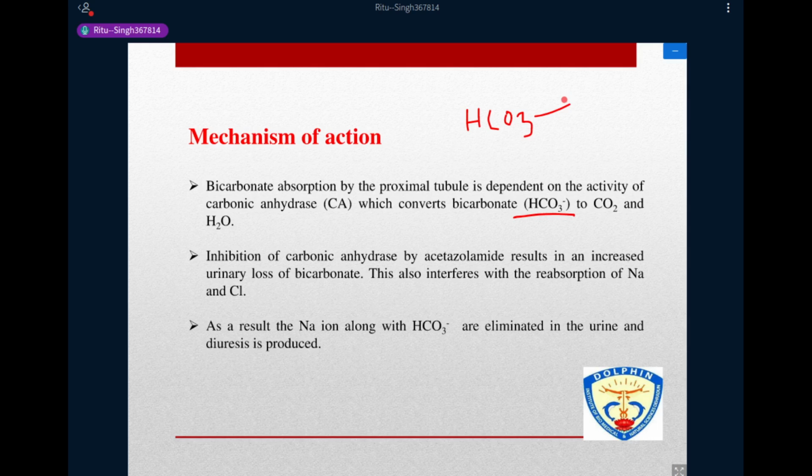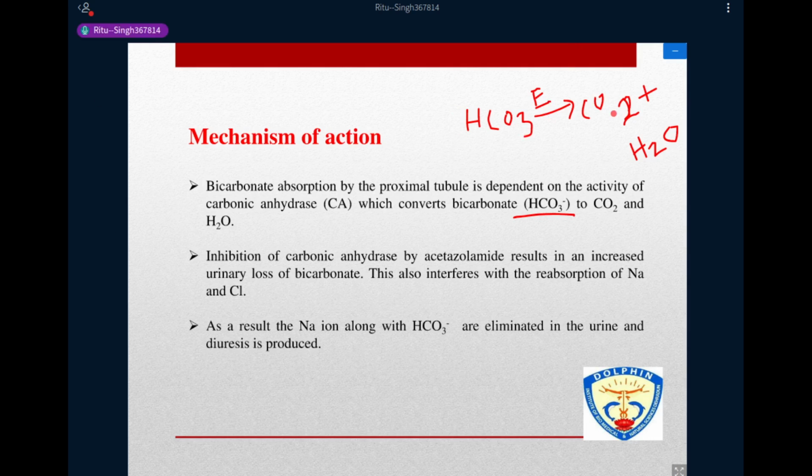It is converted into CO2 and water. Okay. So this is the normal functioning of the enzyme. The enzyme is carbonic anhydrase.